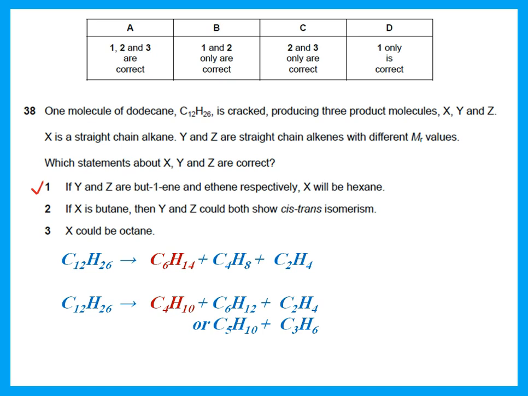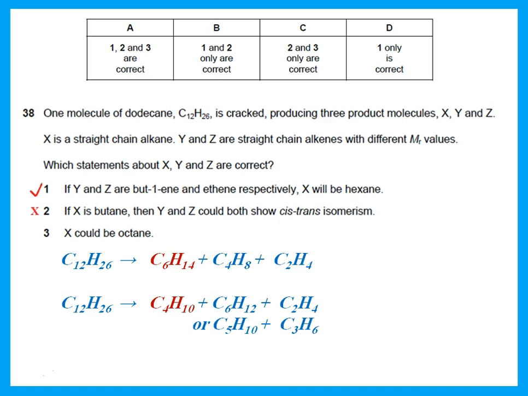So I cannot say, for example, C4H8 for both of them. So in this case, we have C6H12 plus C2H4. C6H12 can have cis-trans isomerism, but C2H4 or C3H6 cannot have cis-trans isomerism. So actually that statement is wrong.